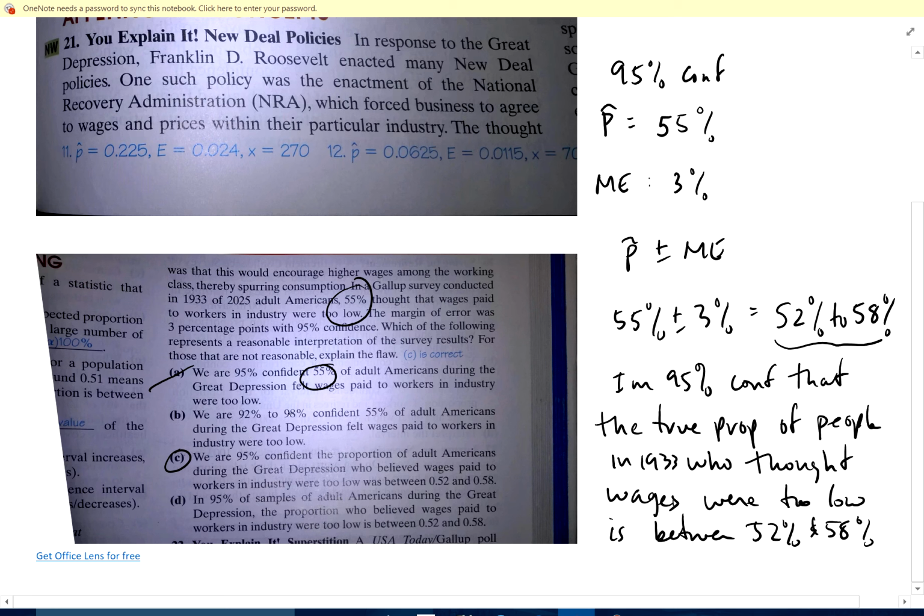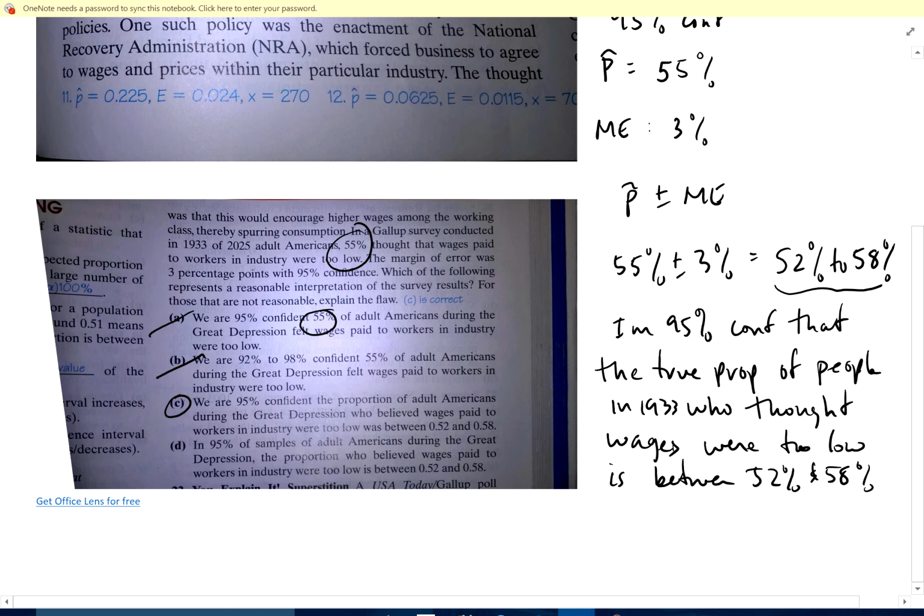No, because we're 95% confident because it's a 95% confidence interval. And D, in 95% of the samples, the proportion who believed, no, because every sample is going to give a different interval. This sample is 55%. That's the center of this interval. If I got another sample, it might be 54%. That would give me a different interval. Okay, there we go.